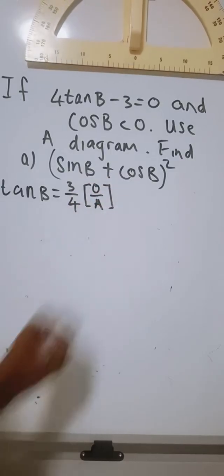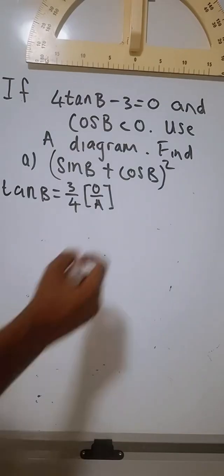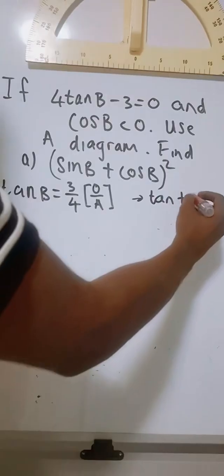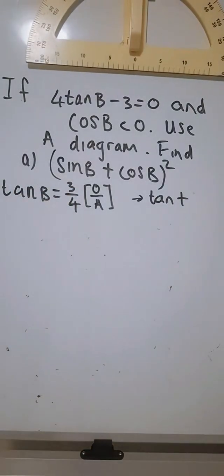We know that means opposite over adjacent, and we also learn that tan, based on the value of 3 over 4, is actually positive. So that's sorted, one piece of information, because we isolated the trig ratio.